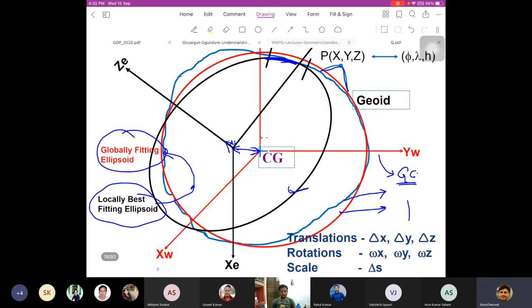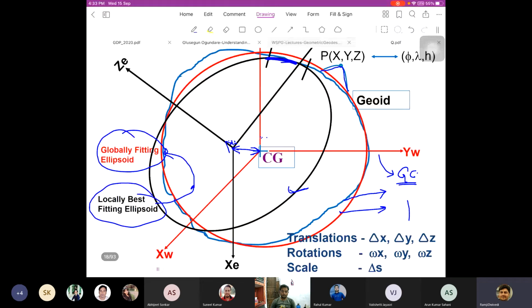You can convert from one datum to another, and this conversion is done by one popular method called Helmert 7 parameter transformation: 3 translations, 3 rotations, and 1 scale. I'm repeating this because since you are new to this subject, it may be slightly difficult to understand at the initial level.